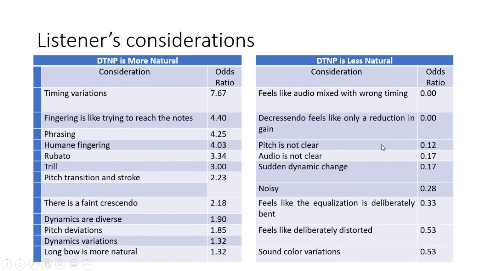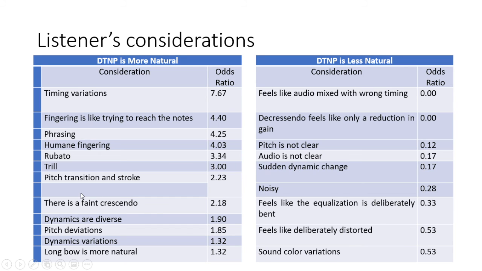If we see their reasoning, the listeners' considerations when they choose one track over the other, the left one shows that DTNP is more natural in terms of timing, fingering, phrasing, human fingering, rubato, trill, pitch transition, dynamics.